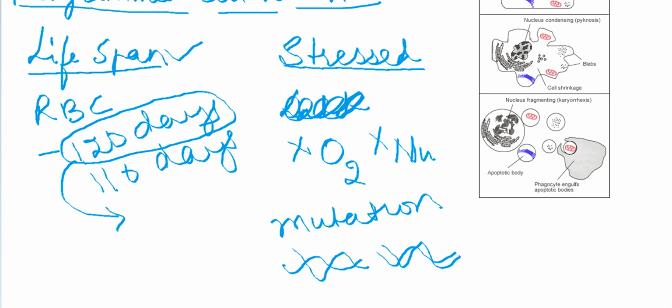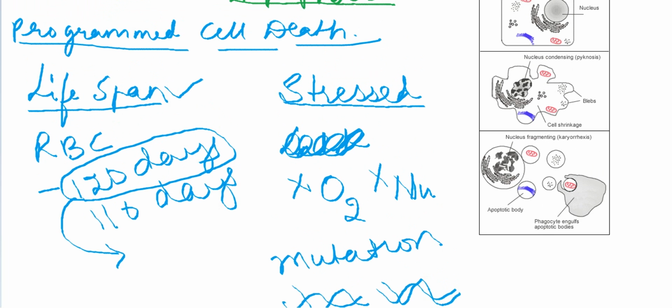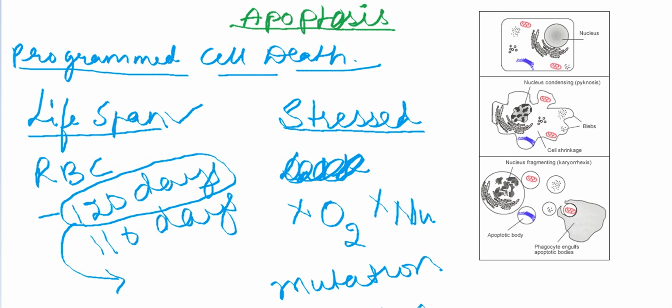In those cases, that cell might prove very dangerous to our body, so that cell has to be eliminated from our body. To eliminate that cell, apoptosis takes place.